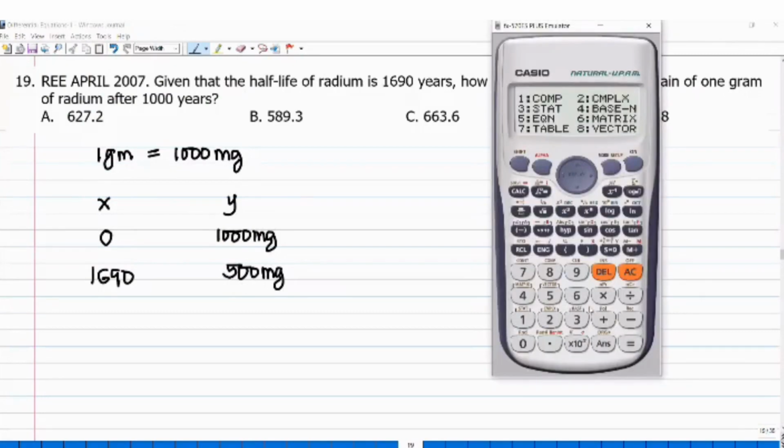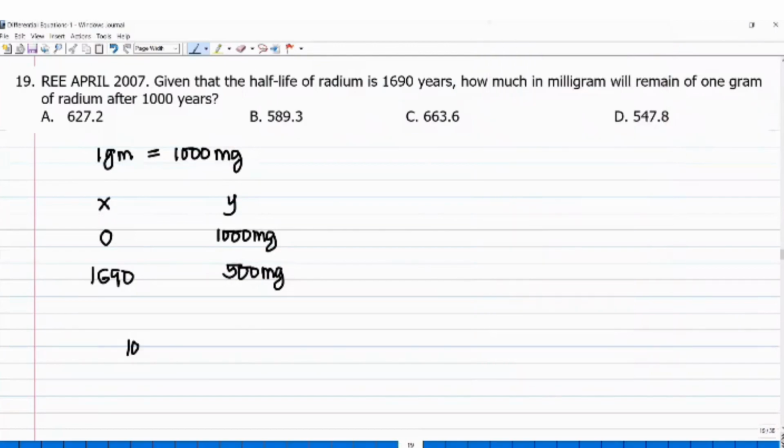So let's solve. Mode 3, 5. X0 equals 1690 equals. Then 1,000 equals. Then 500 equals. Tapos 1,000 years, 1,000. Then Y hat.